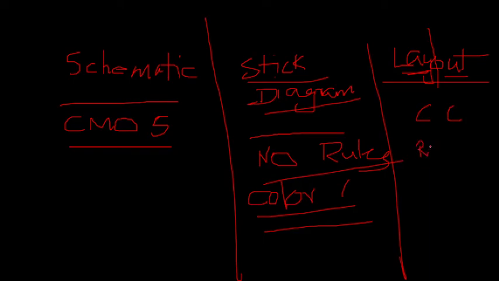By now you must know the layout design rules. If you do not know the layout design rules, then please check my previous videos. Layout design rules are followed for building up the layout, and the color coding used for the stick diagram will be the same for the layout as well.